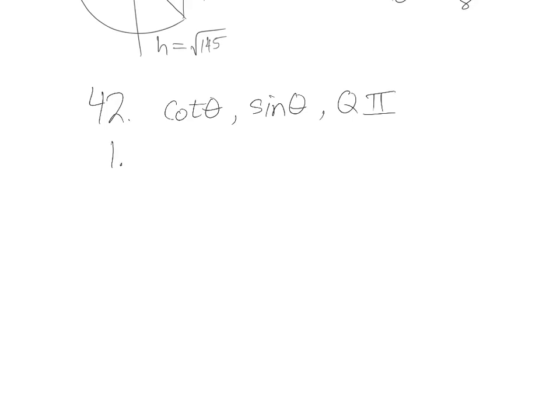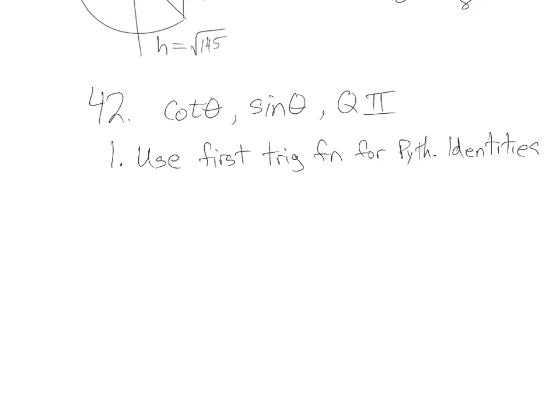Step 1: use the first trig function for Pythagorean identities. You go all the way to the top of your notes for those Pythagorean identities, and you identify which Pythagorean identity has the cotangent in it, please.